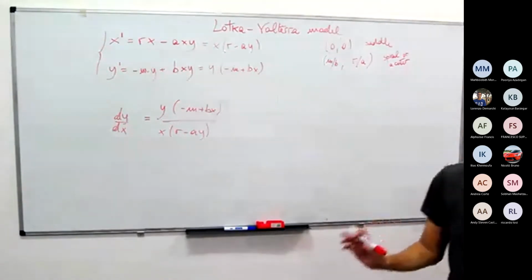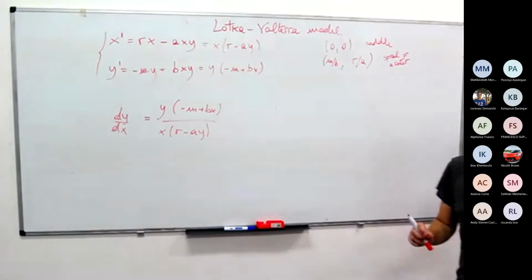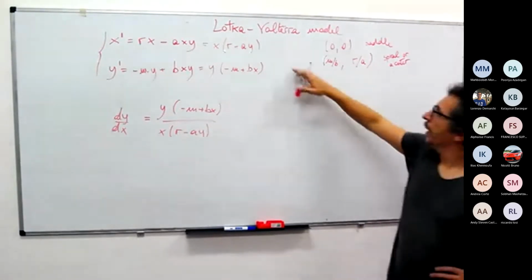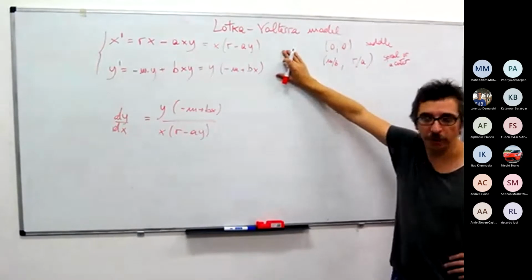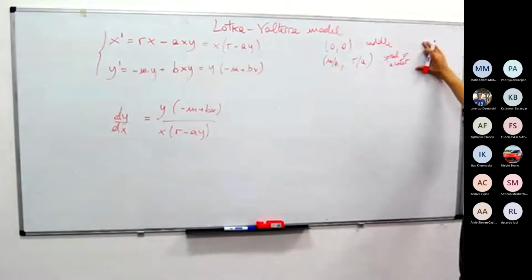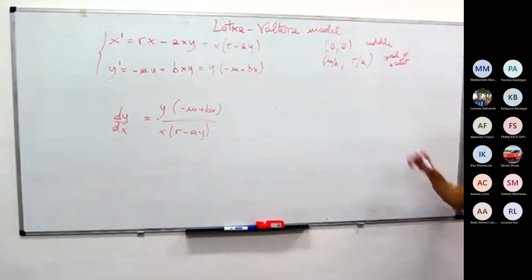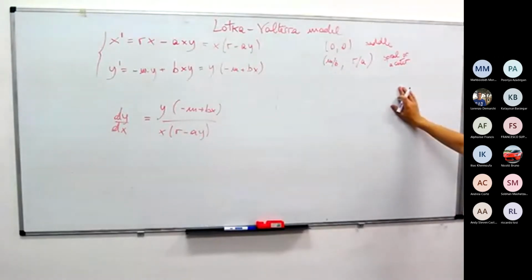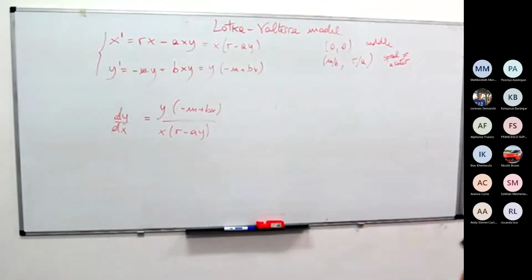If I ask you to tell me what the critical points of this nonlinear system are, looking at the corresponding linear system, you would answer in this way: 0, 0 is a saddle, and this other one is either a spiral or a center. Now what I'm doing is some extra calculation for checking if this is true.